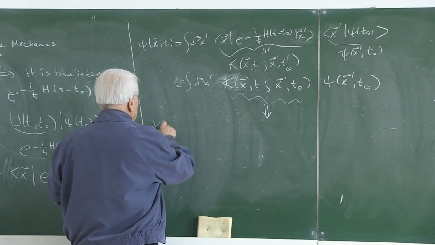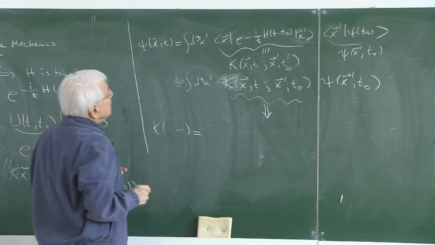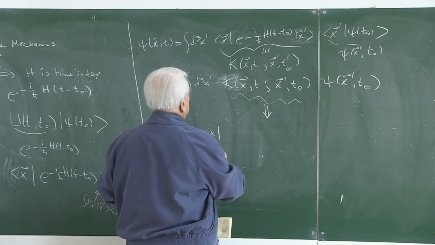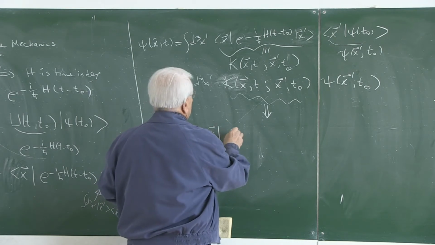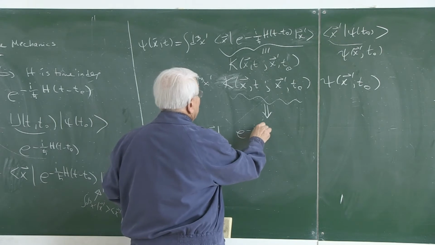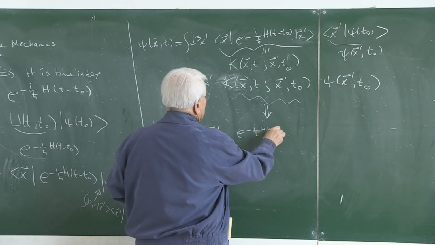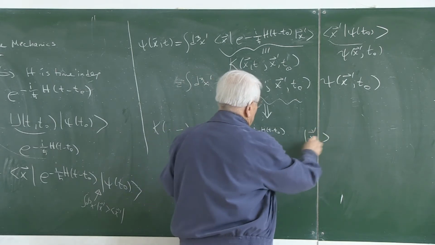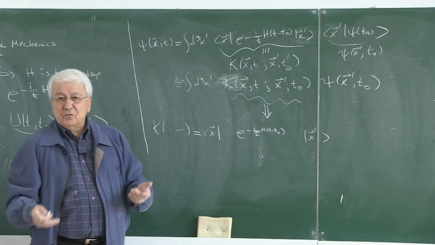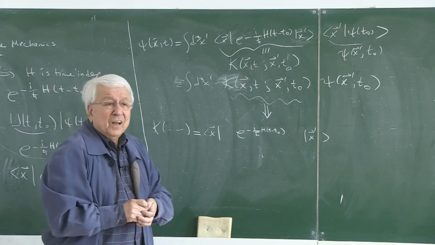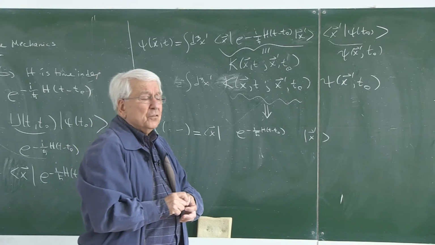Take that K with all those entries, and the explicit expression is given there: x, e to the minus i over h bar H (t minus t0). I'm leaving some space, obviously. I'm going to insert identities. When you leave space, you are going to insert identities. What are the right identities that you have to insert?